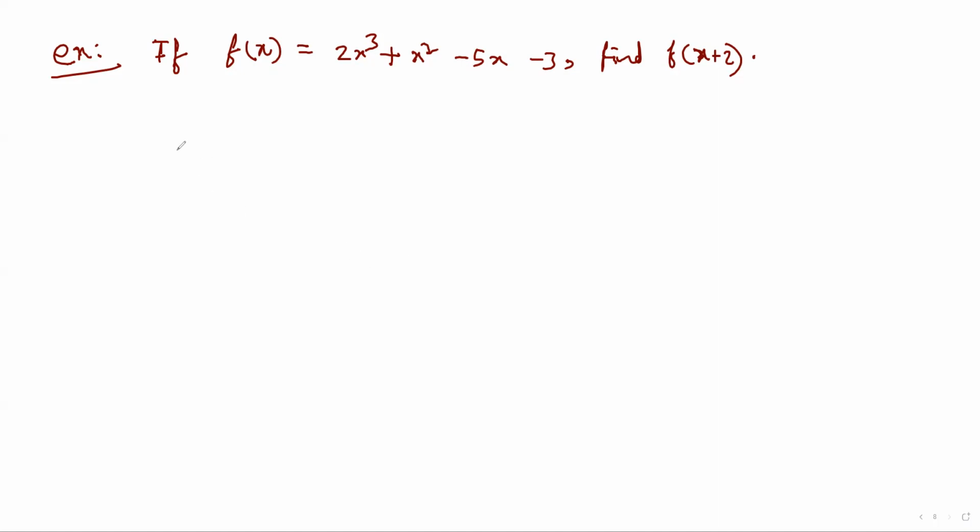So what we can do, basically, you can see that the expression I use here is the same expression that was getting divided by x minus 2 in the last problem. So the solution can go like this.